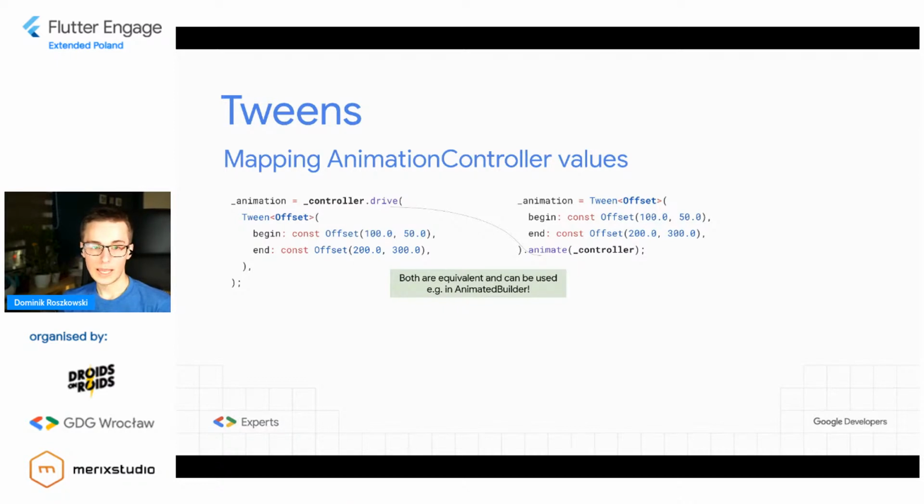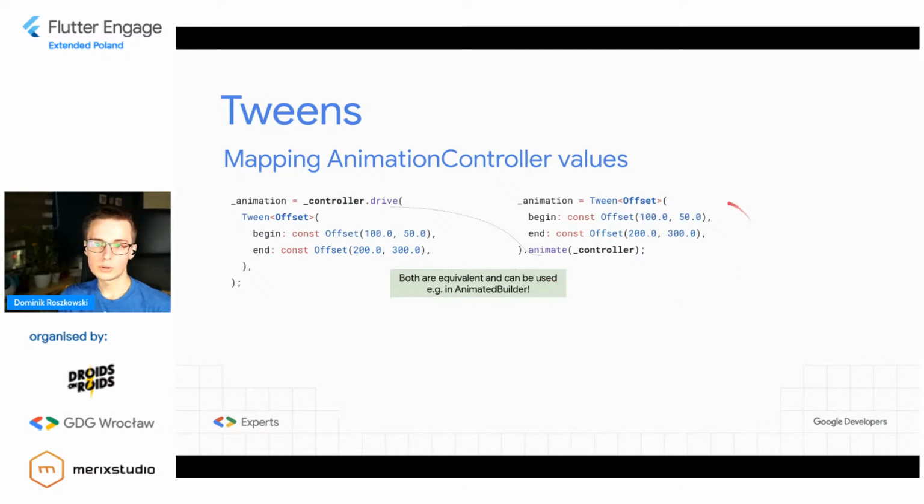And Tweens allow you to actually map from this animation controller value to some more usable representation of that. And you can use Tweens in two ways. So you can think about it from some kind of a different perspective or relationship. So either you can create a Tween from the animation controller. On the left side, you can see that I just have some kind of animation controller, and on the animation controller, I just supply a Tween to the method drive.